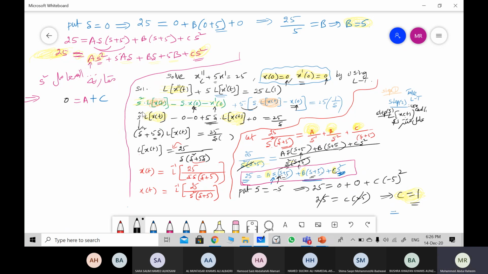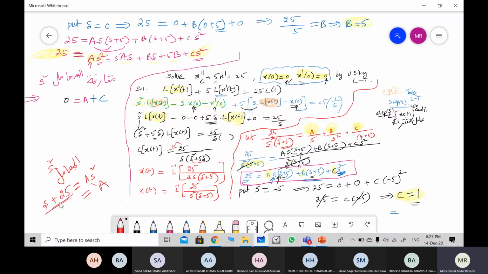You understand my point? No, check now. I want the S coefficient in one equation. This equation may be 25 is S squared. Suppose maybe S is there. If you see the S coefficient on both sides, I have to write here S squared coefficient.